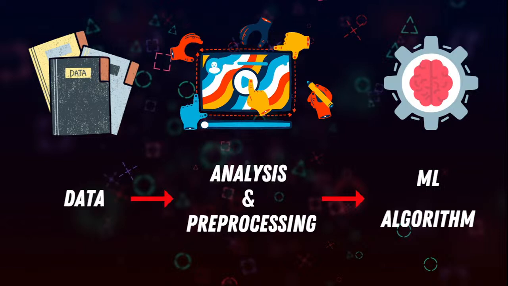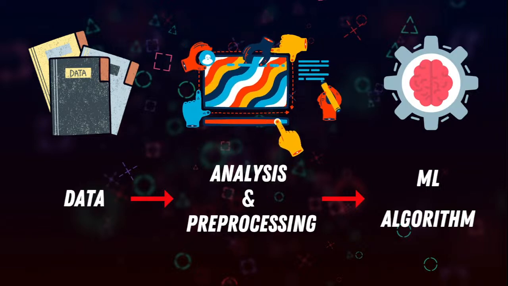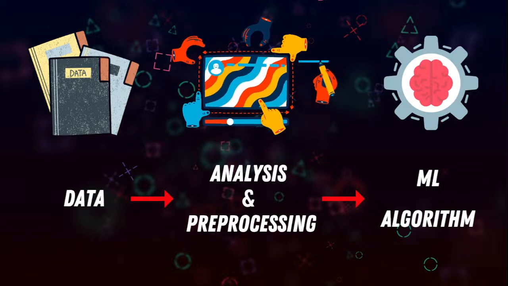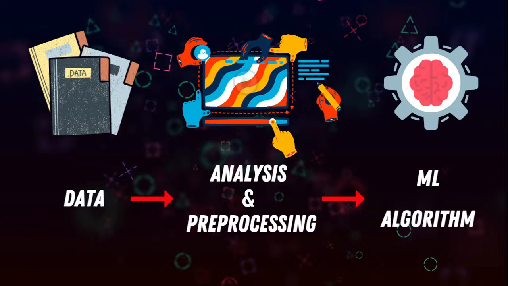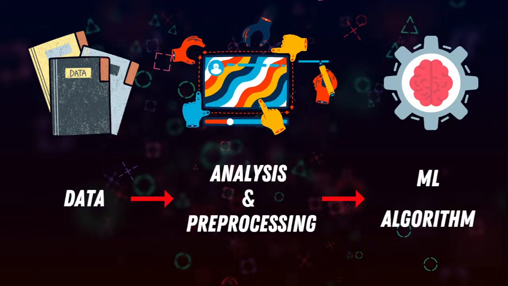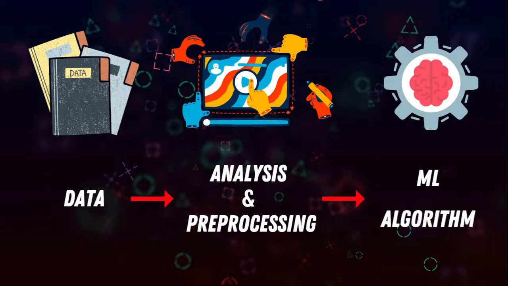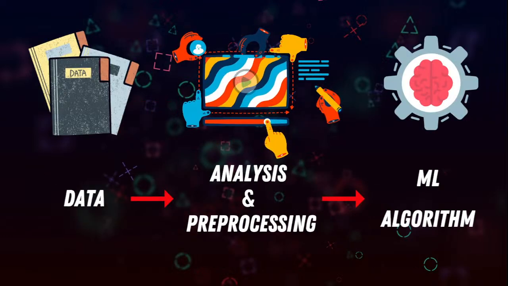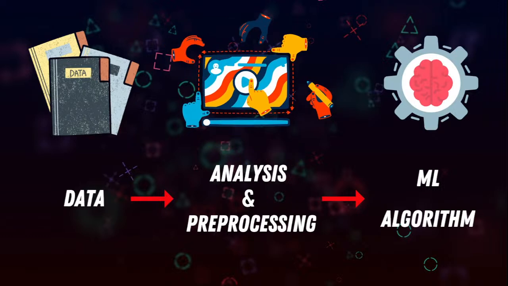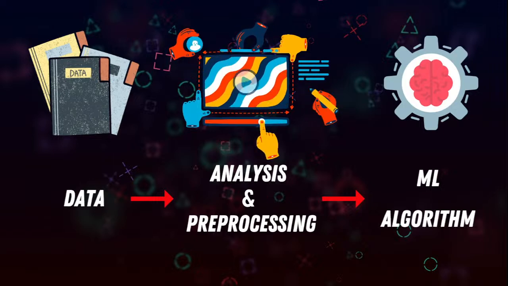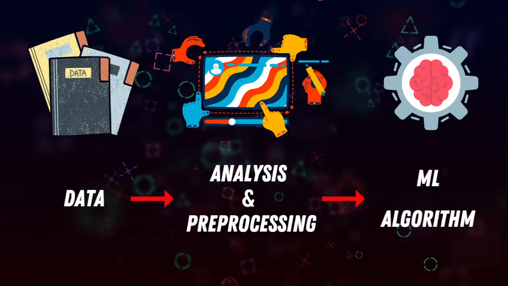So any unnecessary things, we'll be removing from the data so that the noise can be reduced. And once it is done, I can give it to my machine learning algorithm. So what is this machine learning algorithm? It is nothing but a bunch of statistical tools. It performs statistics and gives you a result. And furthermore, we'll see machine learning algorithms in depth later.